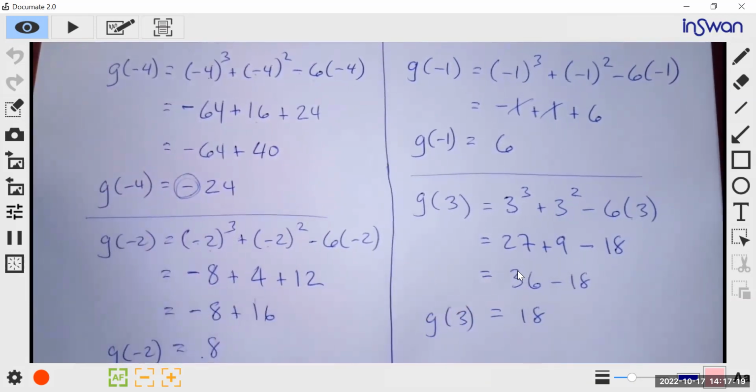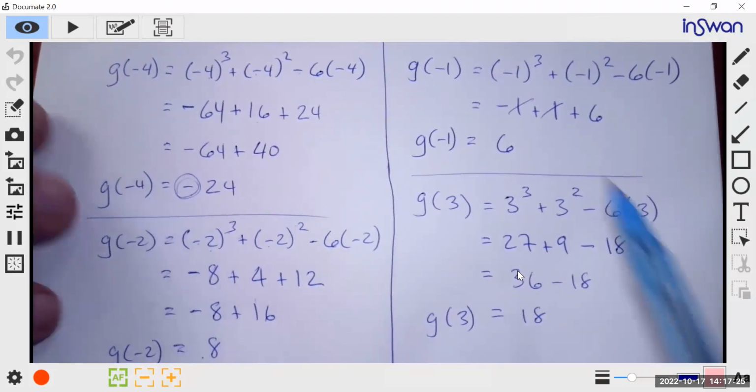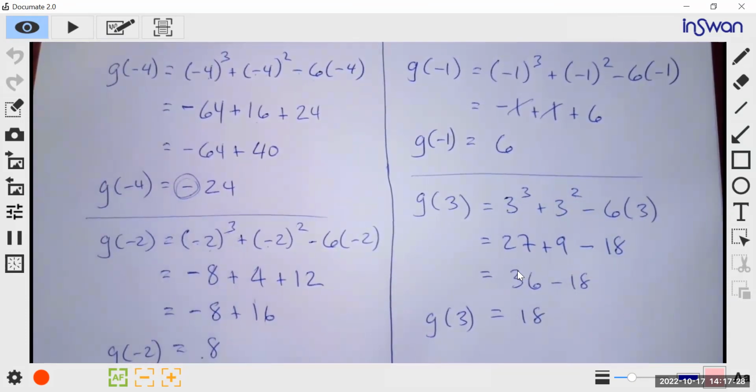So what can you tell me between -1 and 3? There are no x-intercepts because they're both positive. They're both on the same side. And that's what that says.